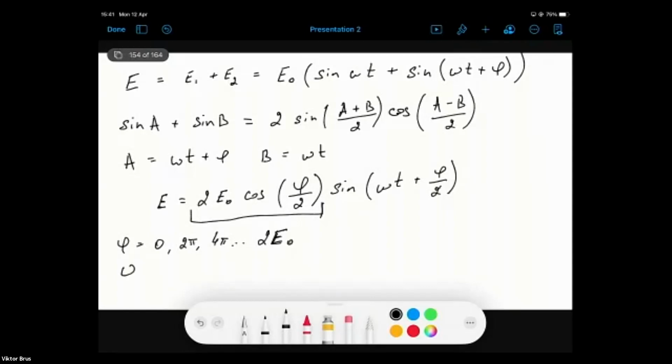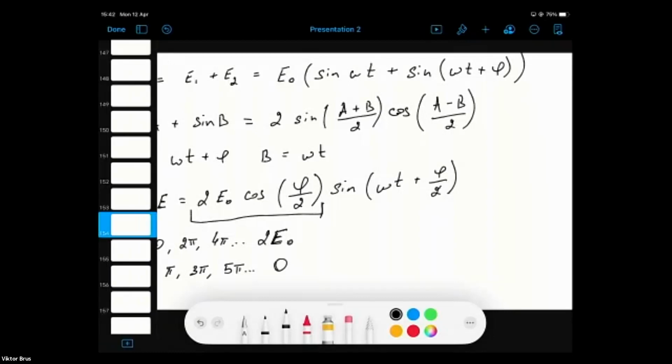So if the phase shift is equal to pi, 3 pi, 5 pi, and so on, then we will get 0, which will correspond to destructive interference when 2 equal in amplitude signals will just compensate each other.